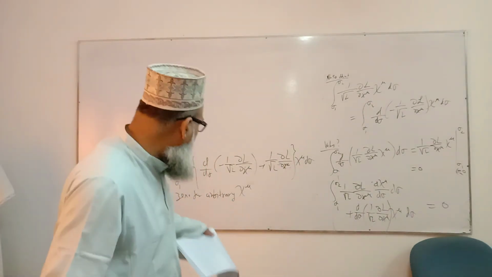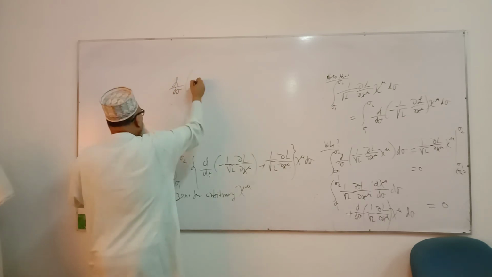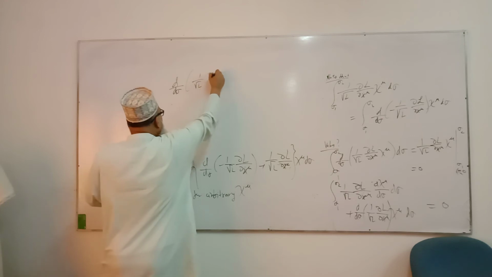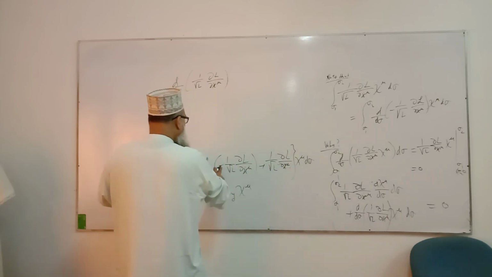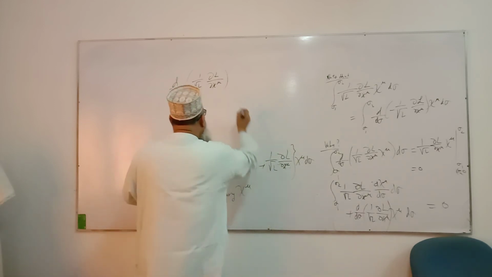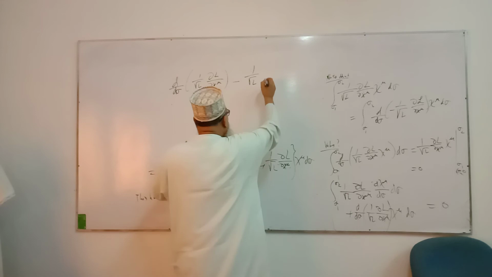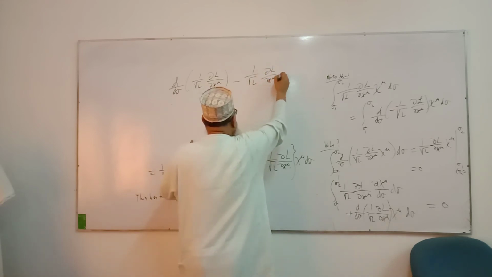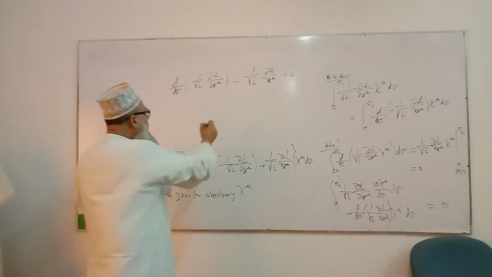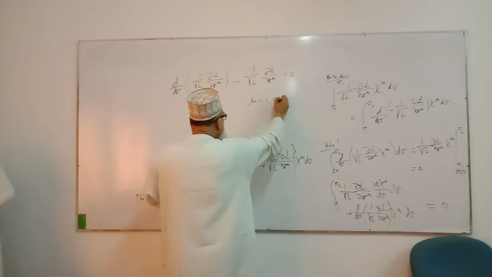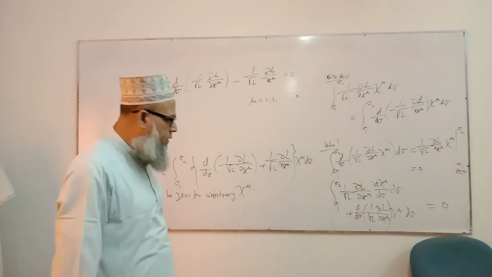So we get d by d sigma of 1 by square root of L del L by del x dot mu, with the minus sign, minus 1 by square root of L del L by del x mu equal to 0, for mu equals 1 up to the number of coordinates.